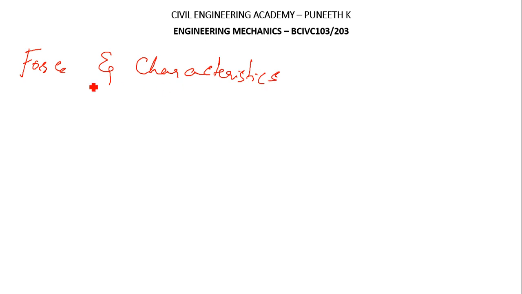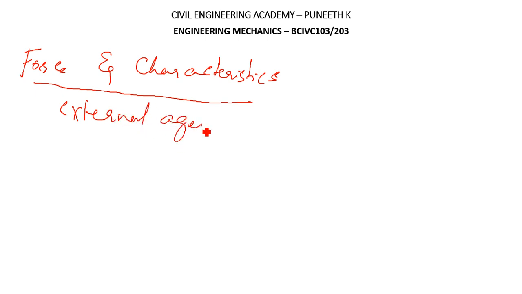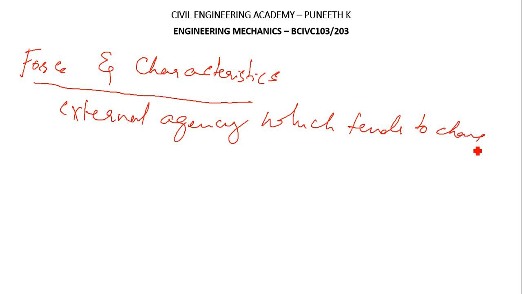What is generally force known as? Generally, force is nothing but an external agency, a very important word. It is an external agency which tends to change the state of the body, the state of the object or particle.